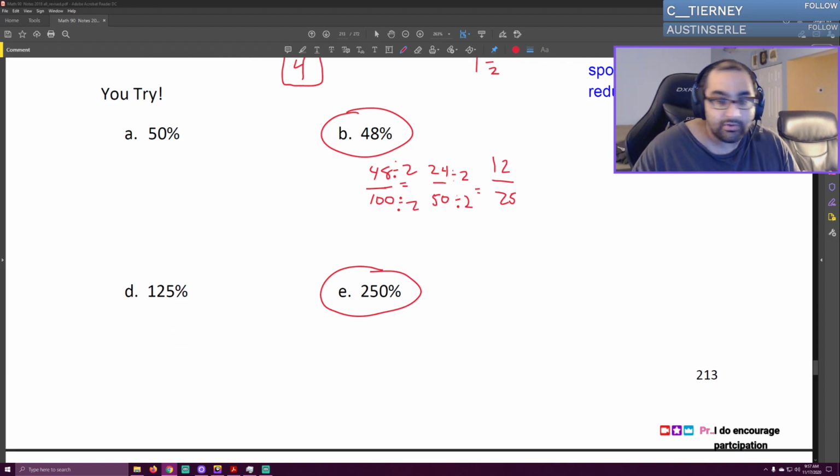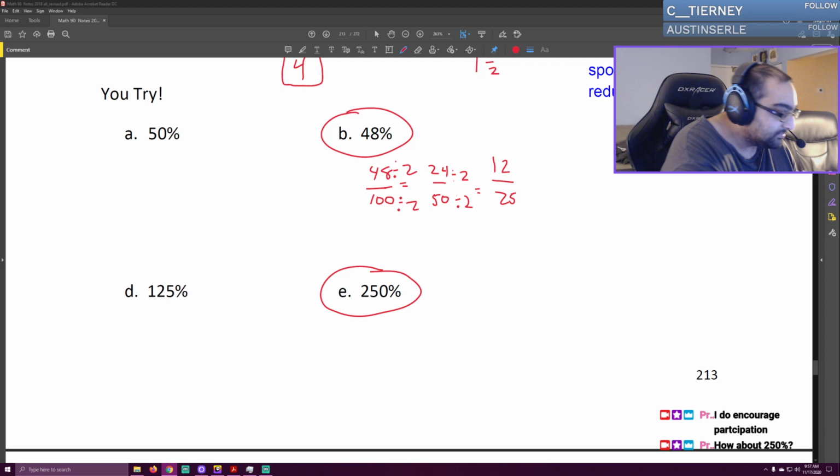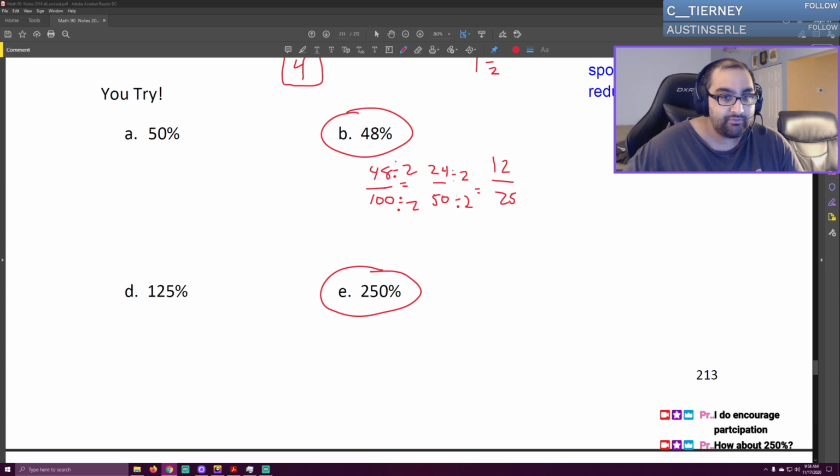How about 250%? What's 250% here as a fraction? Just note this is a mixed number.